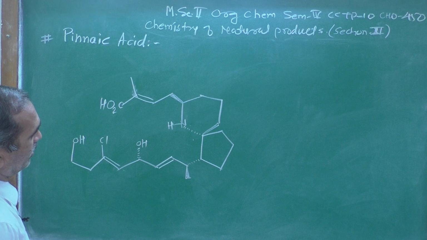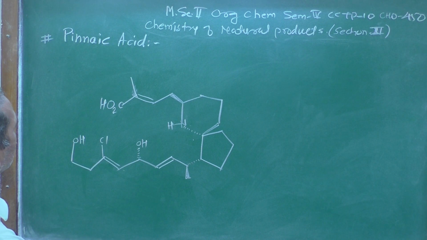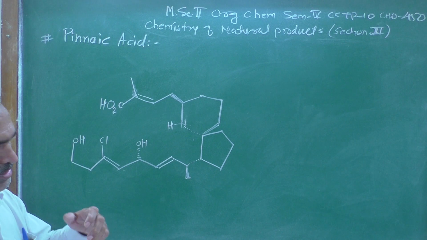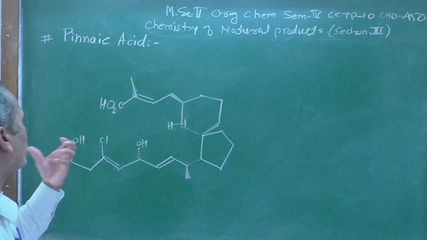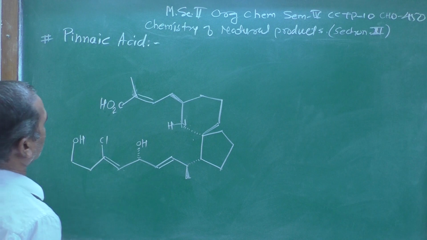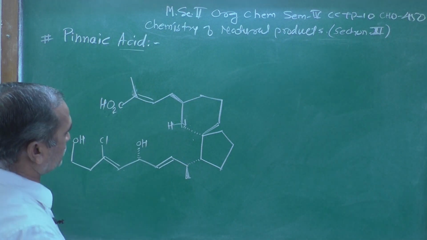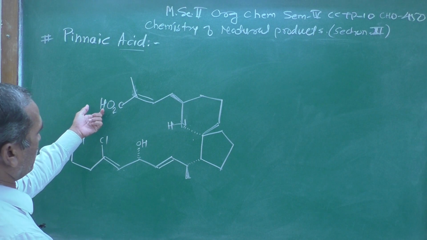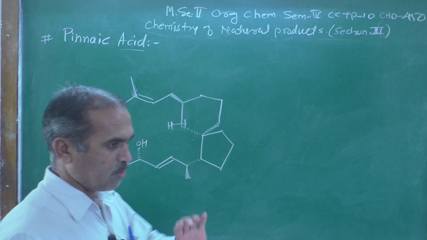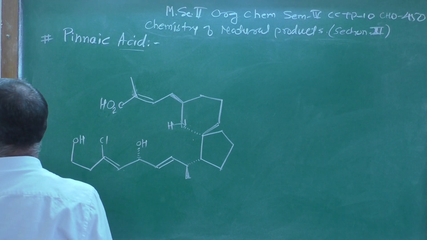They had given the numbering to this pinnaic acid starting from the most oxidized group, which is the acid. Pinnaic acid means it contains an acid group, and there are a number of protons competing with that acid, but out of these this is the most acidic.